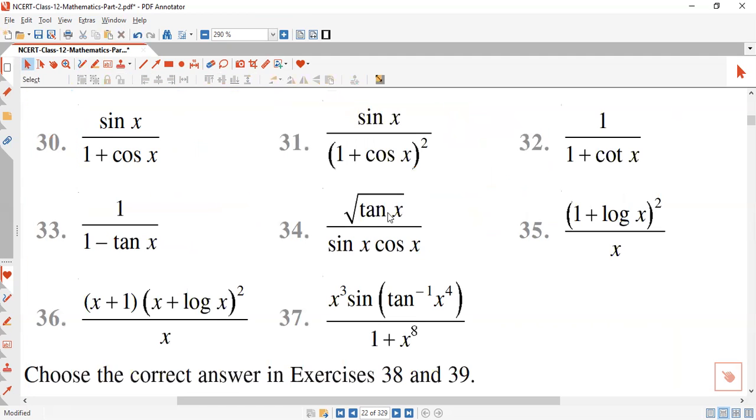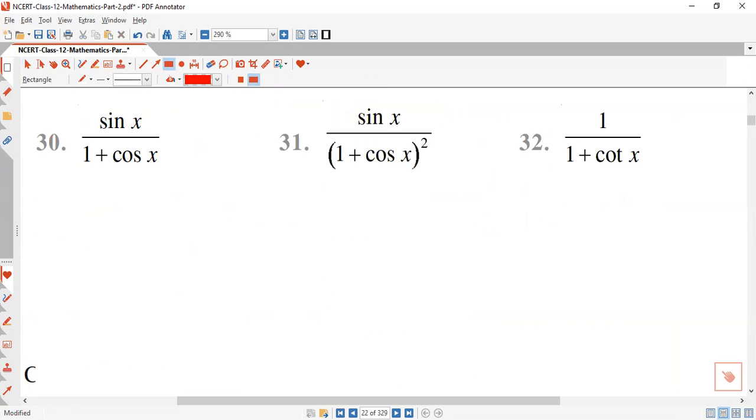Now, question number 31. What is question number 31 saying? Sin x in the numerator and 1 plus cos x square in the denominator. So if I take 1 plus cos x equal to t, the sin x can be removed.